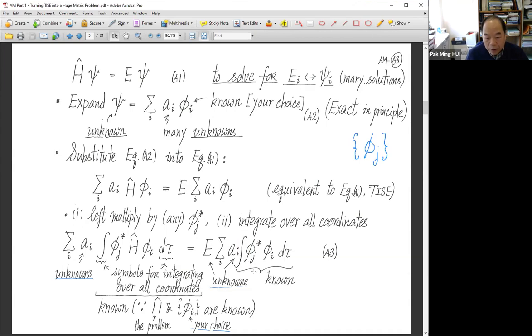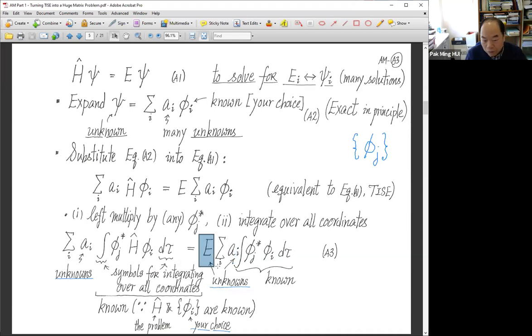And now, let's look at the whole thing. I just want to remind you what the unknowns are. We want to find the coefficients so that we can construct the unknown wave function psi.